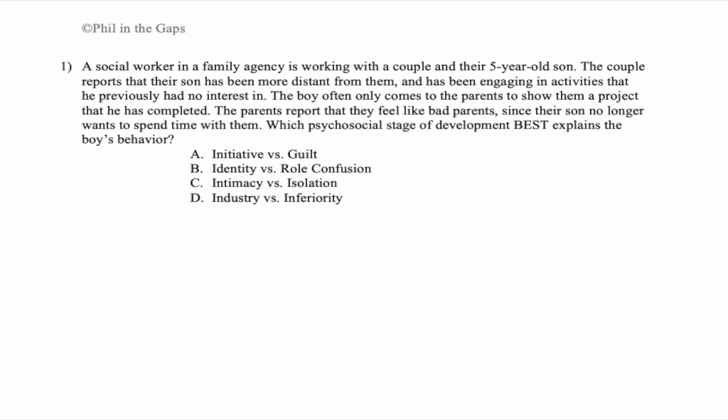The parents report that they feel like bad parents since their son no longer wants to spend time with them. Which psychosocial stage of development best explains the boy's behavior? A, initiative versus guilt. B, identity versus role confusion. C, intimacy versus isolation. D, industry versus inferiority. And when you have your answer, type the word happy in the chat.